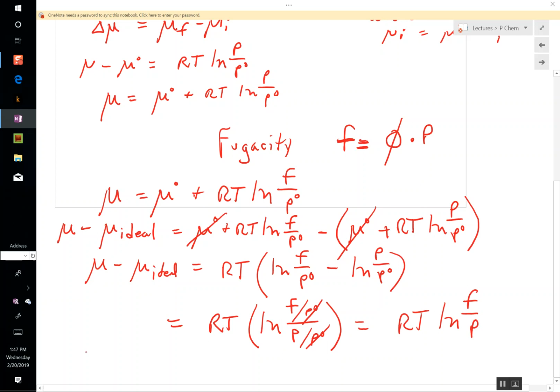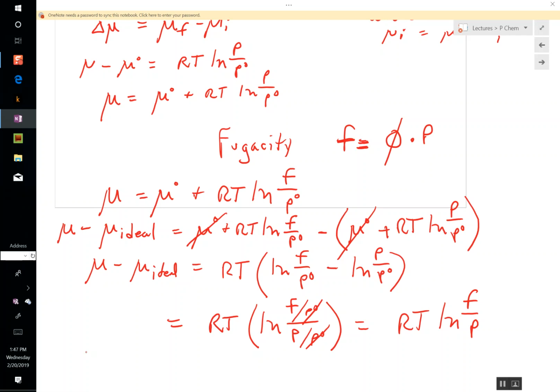So the difference between your chemical potential of your real gas compared to the ideal gas is this, RT times the log of the fugacity over the pressure. That's not standard pressure, whatever the difference between those pressures are.